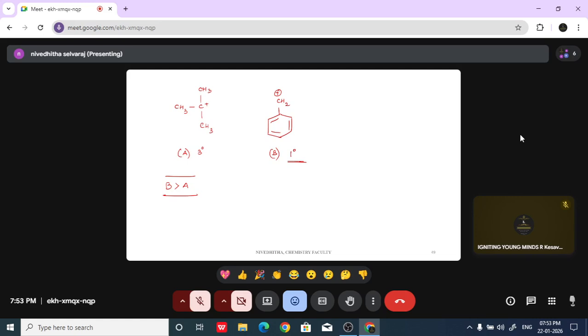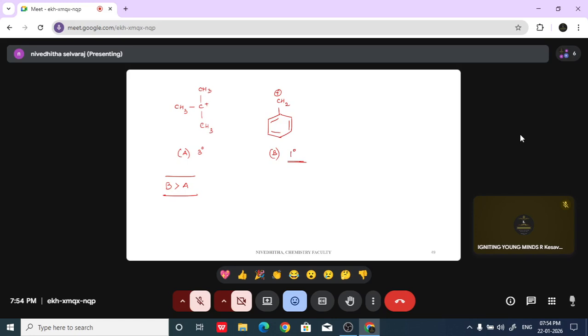As far as carbocation B is concerned, it is primary, because this got only one R group, but that R group is a benzene. If the R group is benzene, that benzene ring will stabilize this carbocation more than the tertiary carbocation. Okay, I want to explain how it is stabilizing.